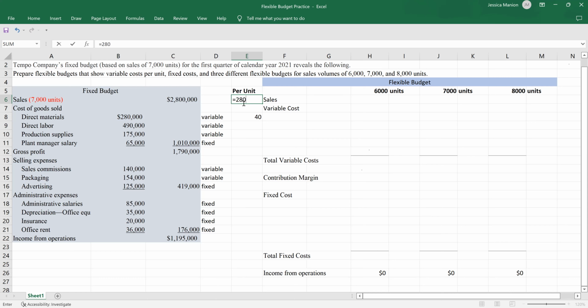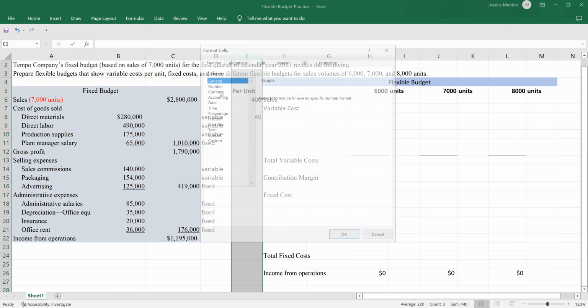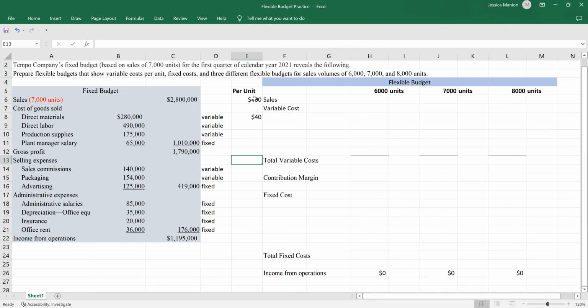We take our 2,800,000 divided by 7,000 units. We're selling each one of these for $400 each. Let me format these cells so it turns it into some dollars for us. Okay, so we've got a selling price per unit of 400.